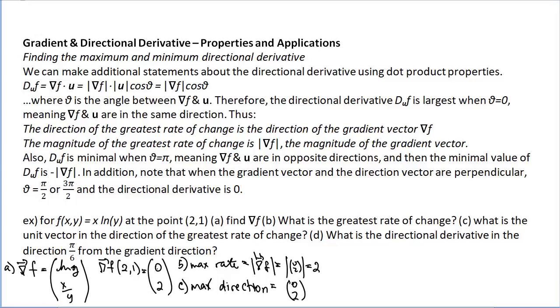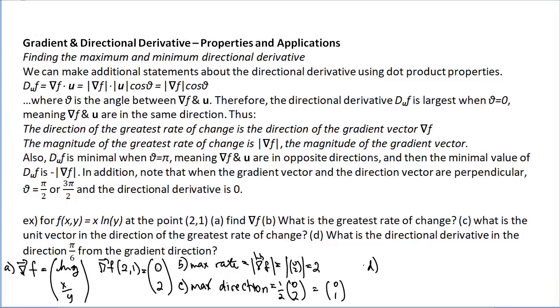This question is specifically asking for the unit vector in that direction. So in order to get that, we've got to divide by the magnitude. So times 1 over 2. So you just get <0, 1>. So there's the unit vector that points in the direction of the greatest rate of change.